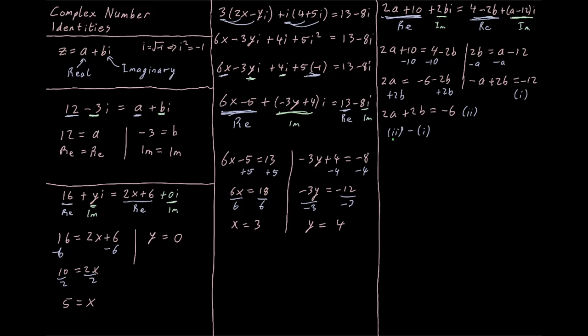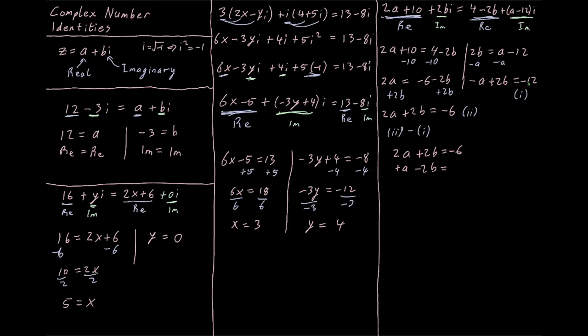So if I write that down, I have equation 2 is 2a plus 2b is equal to minus 6. And I want to take away this equation here. So minusing minus a would be plus a. Minus 2b would be minus 2b. That's what we want. We want plus 2b minus 2b, which is going to be 0b when we add them together.